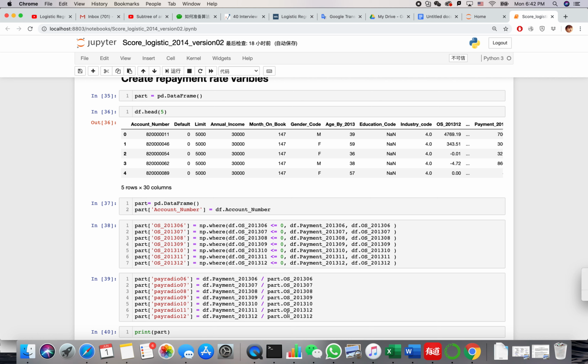At this time, the outstanding has numbers less than or equal to 0, so we need to replace those rates with 1. First I replace those less than or equal to 0 numbers with the payment number, and then the payment number divided by the payment number gets 1.